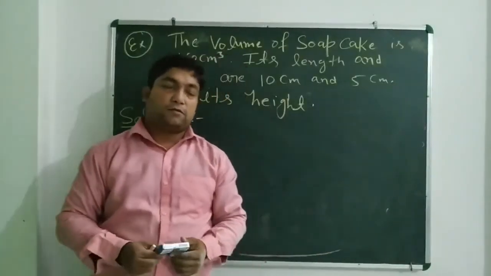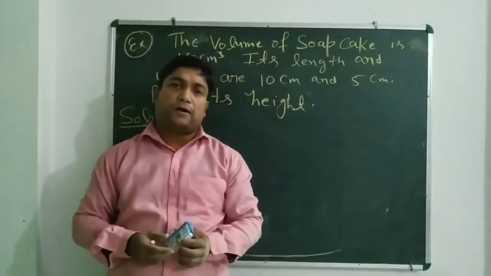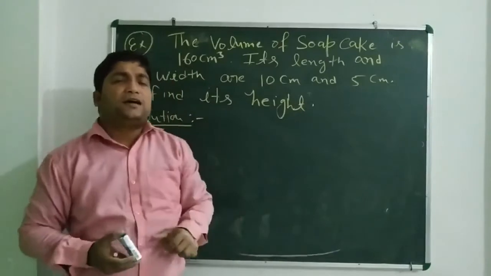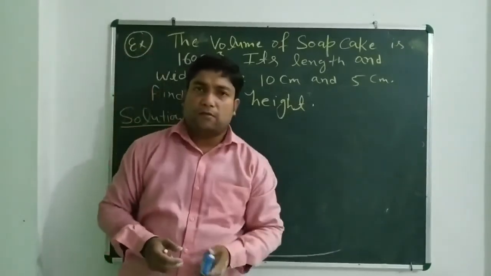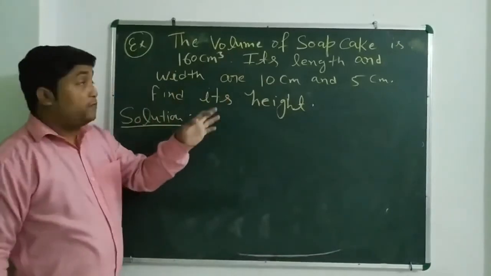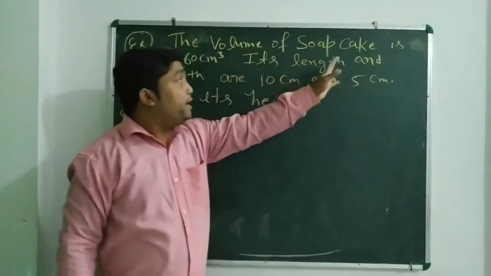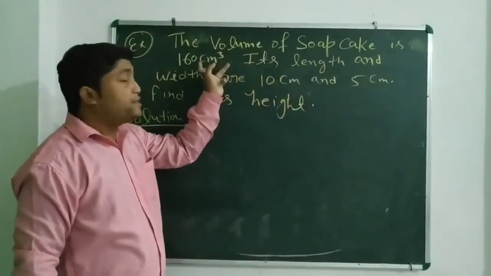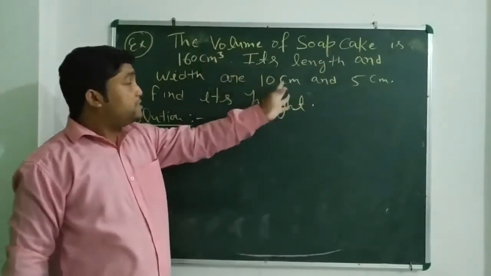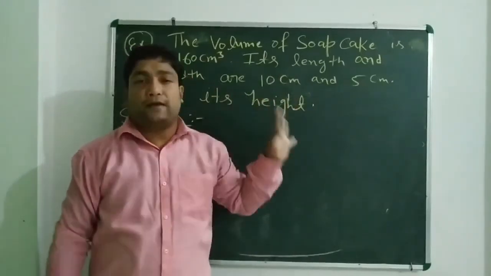Okay students, after finding the formula of the volume of the cuboid and the diagonal of the cuboid, I will take one example for finding the volume of the cuboid. Here you have seen that we have one question. The volume of the soap cake is 160 centimeter cube and its length and breadth are 10 centimeter and 5 centimeter.